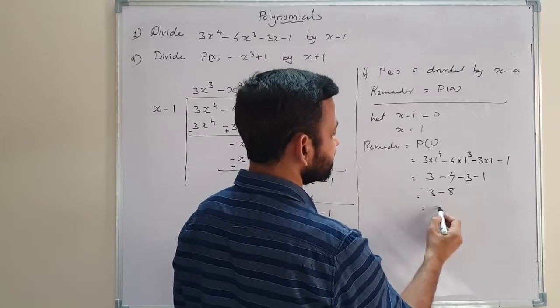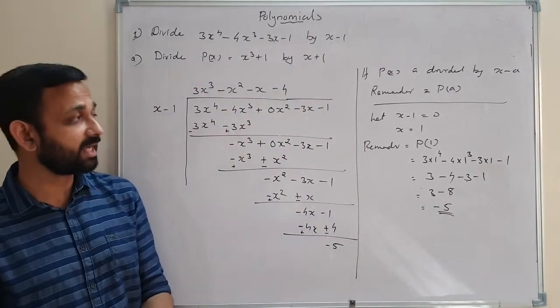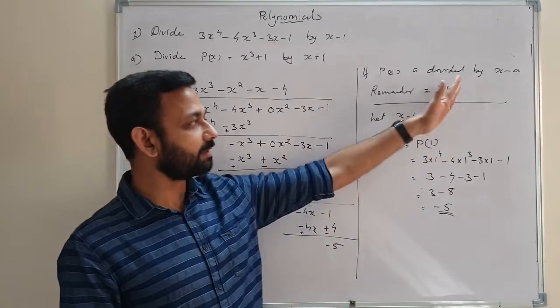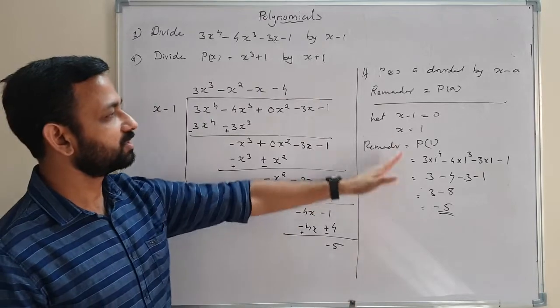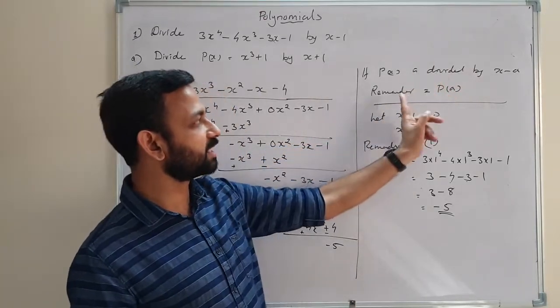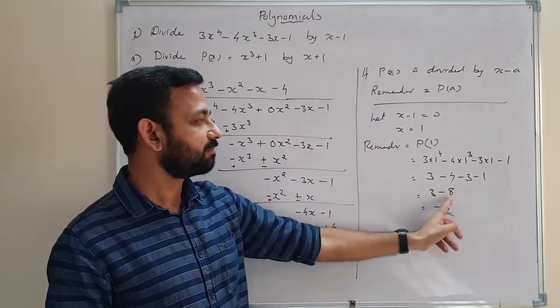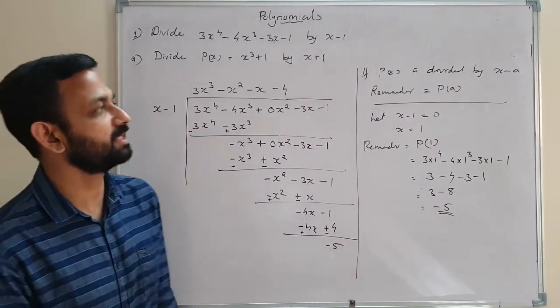So 3 minus 8 is minus 5. So we got the same remainder. The remainder we can find by the remainder theorem without doing this long division. If p(x) is divided by x minus a, the remainder is p of a. Minus 5 we got, the same remainder we got by the long division method.